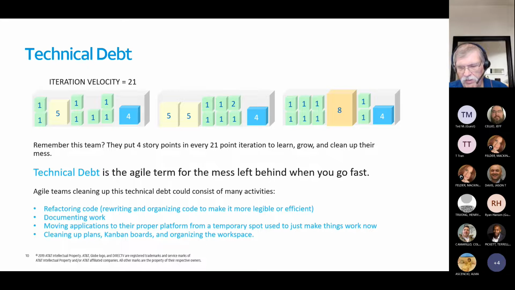You may not be able to do everything the exact way that you want to, so reserving some capacity in each iteration allows you to refactor the code. You're going to be rewriting it, reorganizing it, taking advantage of different constructs if necessary. You make it more readable, and you can make it more efficient too.